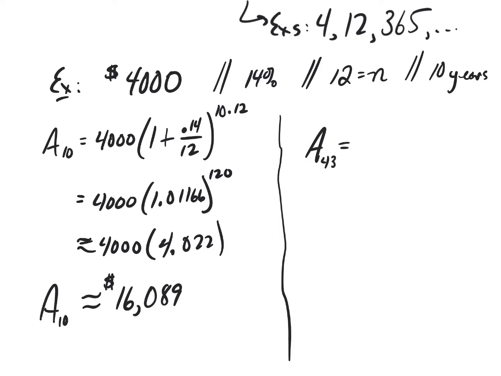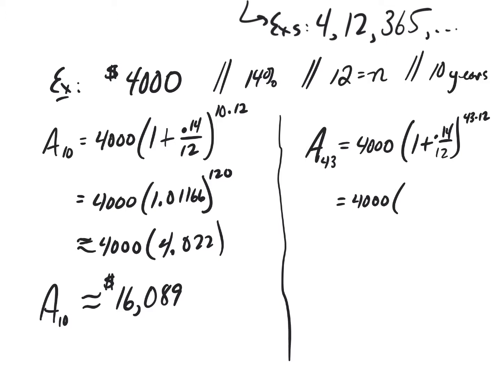So let's say we take that same $4,000, and of course you'll actually be contributing a lot more, and we leave it in that mutual fund for 43 years, still calculating the interest once per month, so an N value of 12.